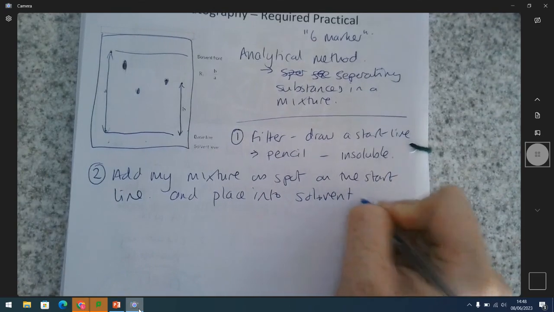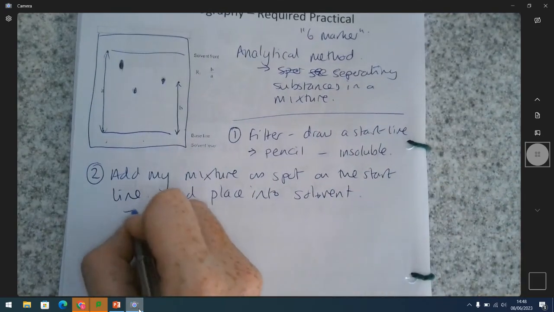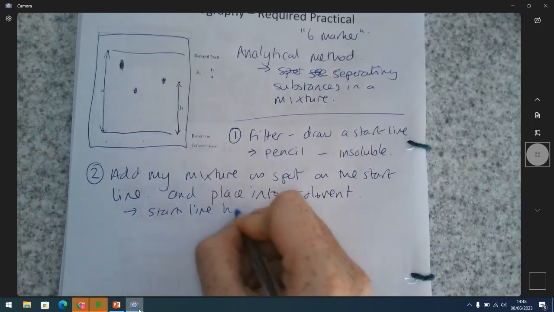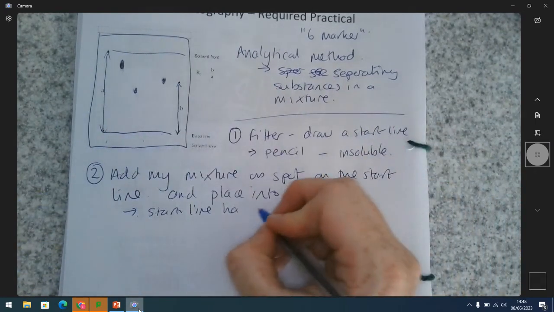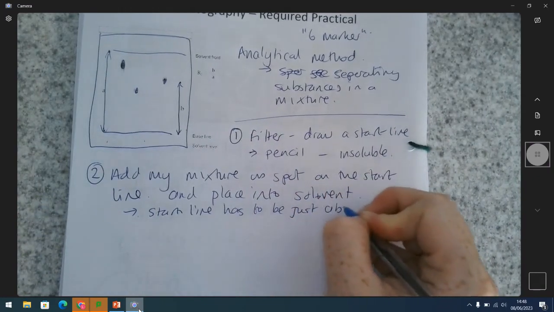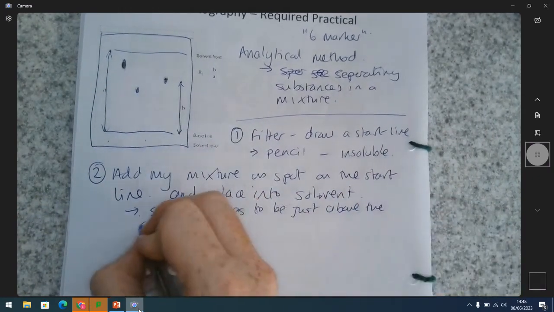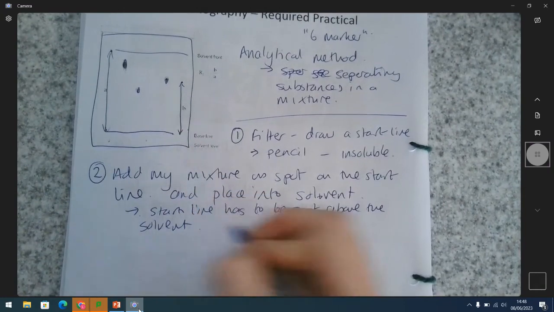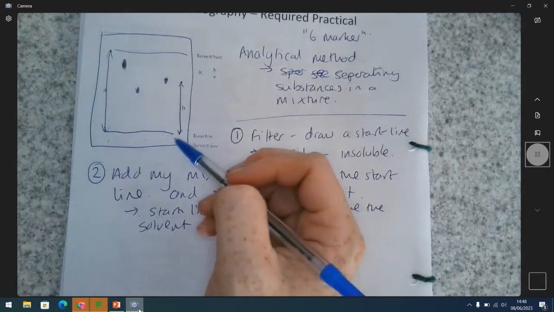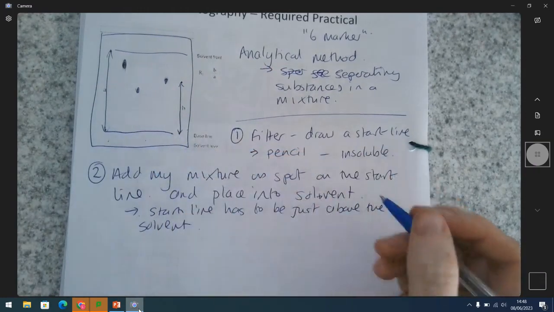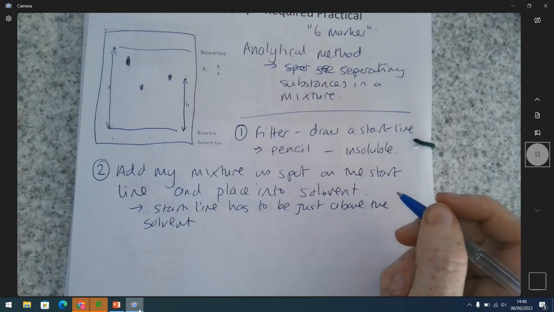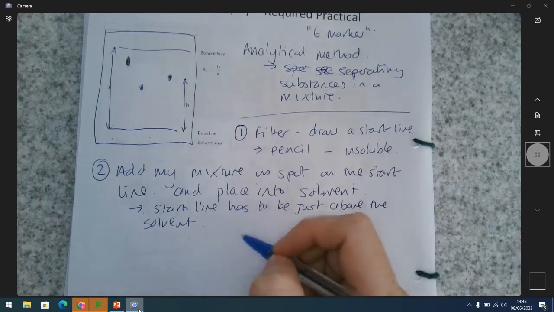Now, the important thing you need to remember is the start line has to be just above the solvent line. Guess what they ask? Why? That's to make sure the ink moves up through the filter paper rather than dissolving into the solution. So that's the reason why you want to make sure of that.